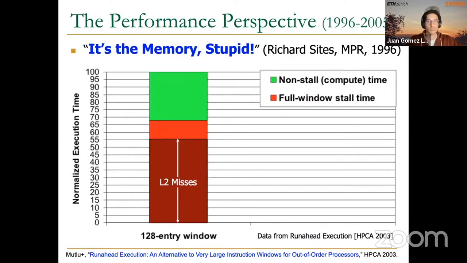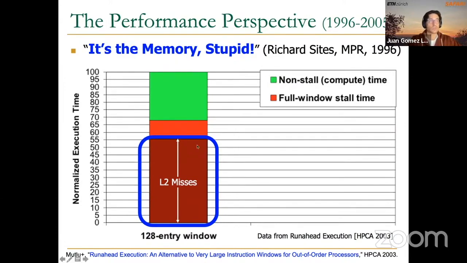This is a slide from Professor Mutlu's PhD thesis. He already observed in 2003 that for several important workloads that he analyzed, most of the execution cycles were spent on accessing memory.